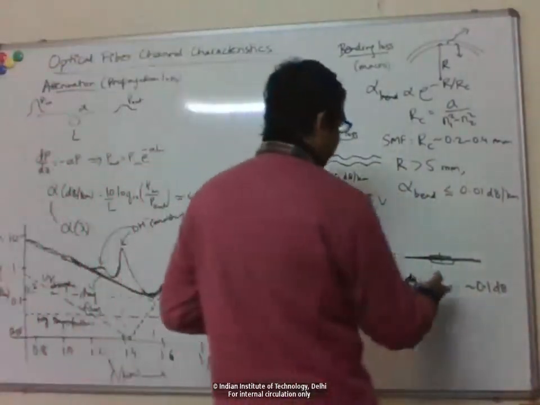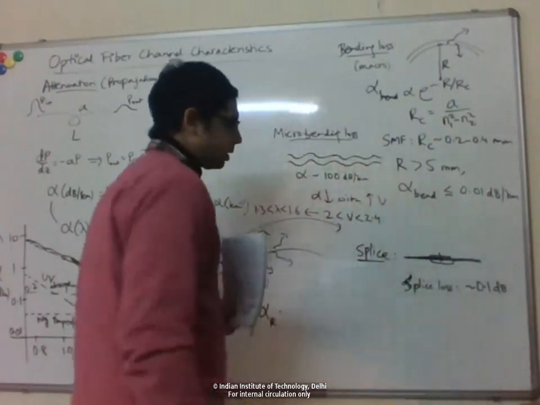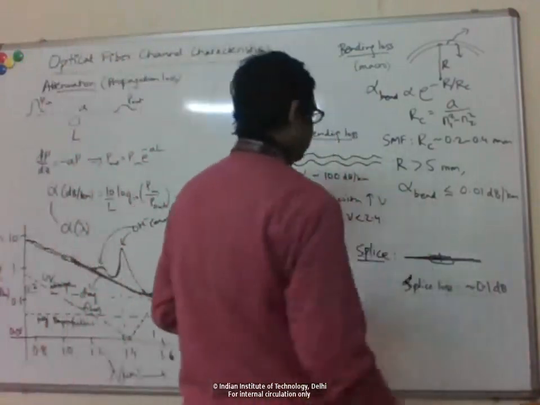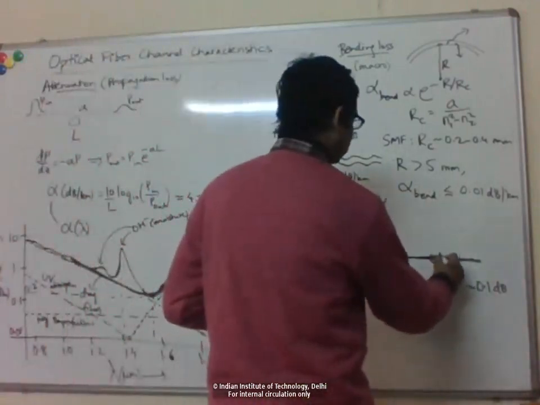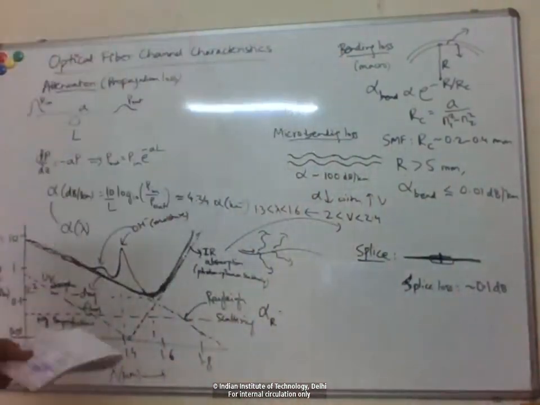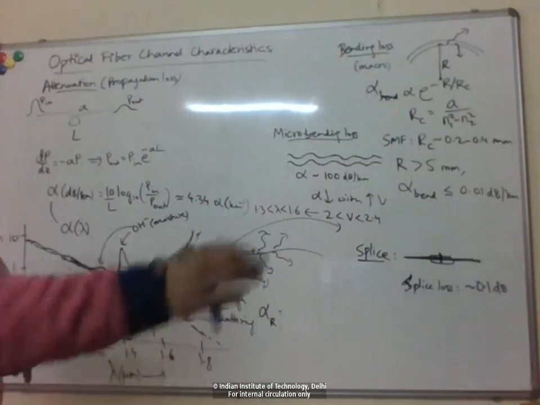If you're a slightly bad splicer, then it can go up to maybe 0.3, 0.4, but typically much less than 0.5 dB. And for the best ones, you can get about 0.1 dB for each splice. But again, for a very long link, you will have these splices coming in at various points.